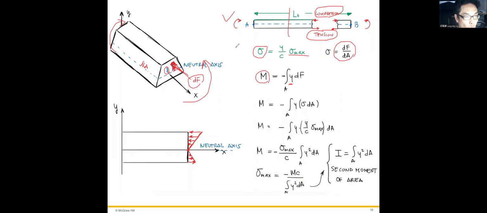Therefore, Y times dF, and we take the integration over the whole area. The minus is because it is under compression.